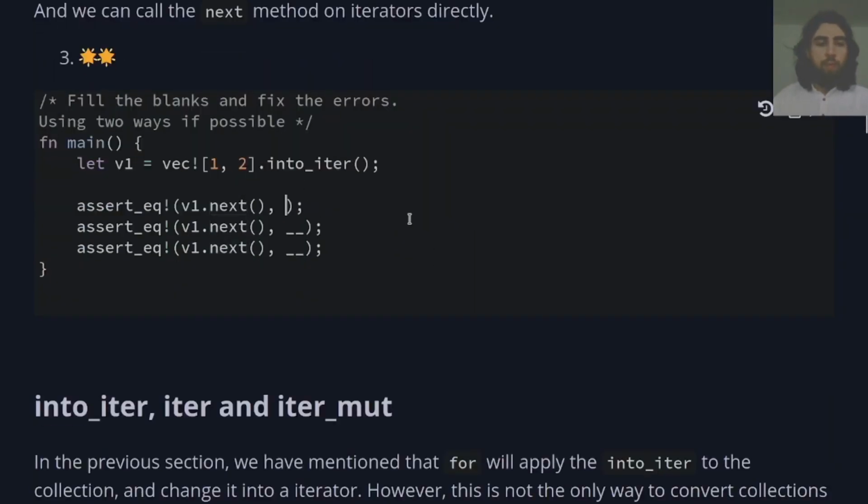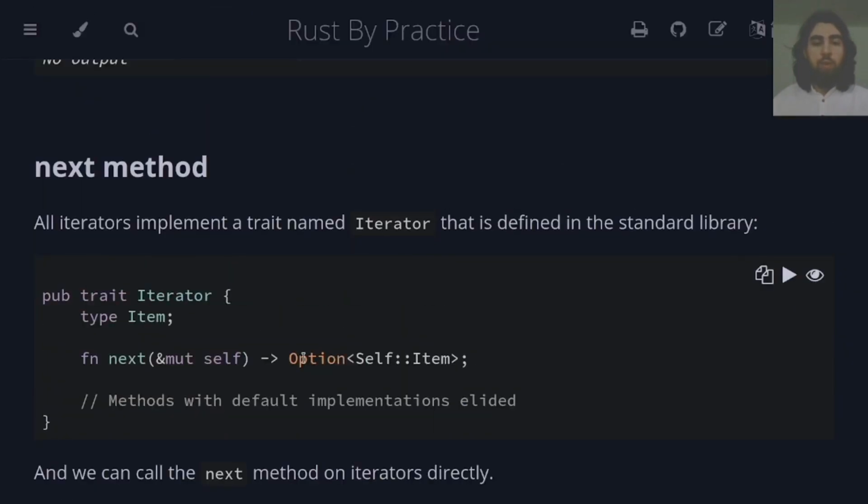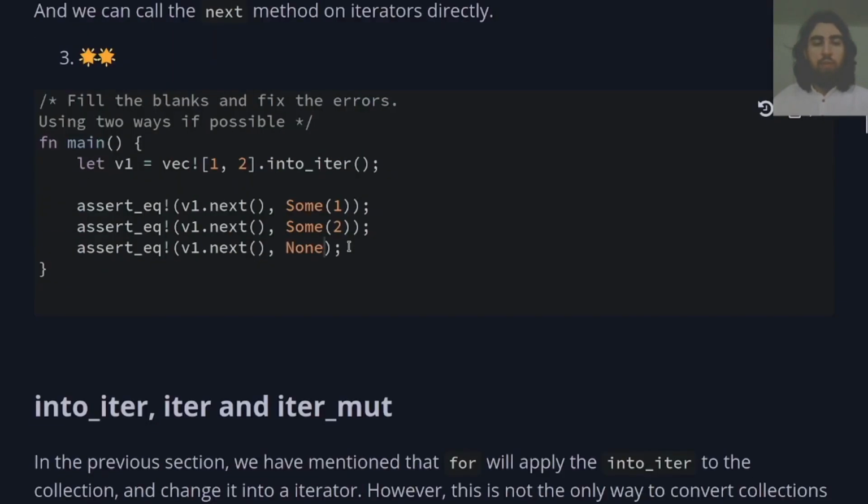So when we put that into an iterator and call next, we will get Some and the first element, right? Then Some and 2, and as you can see, we don't have any more elements, so it will return None, right? This is the Option type, and we have covered that.